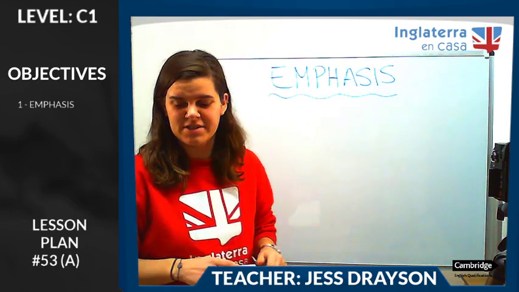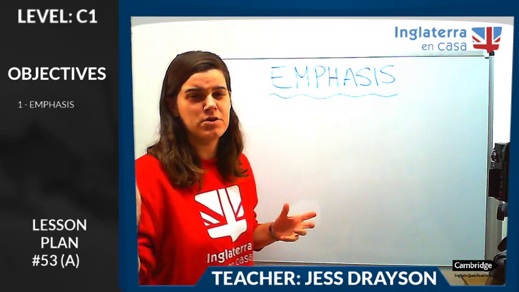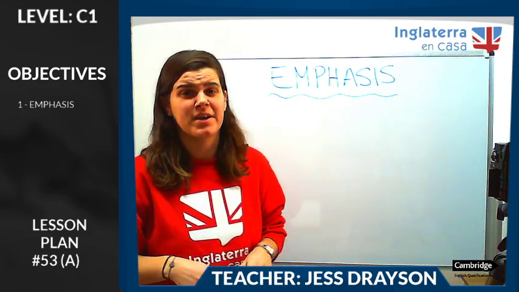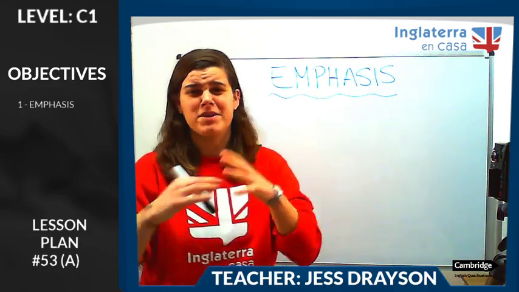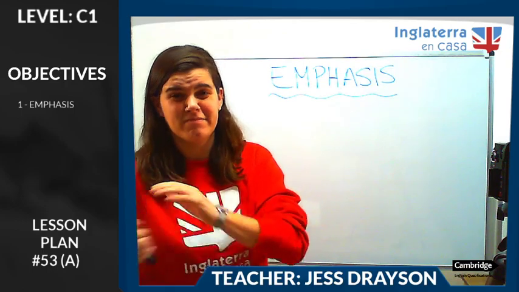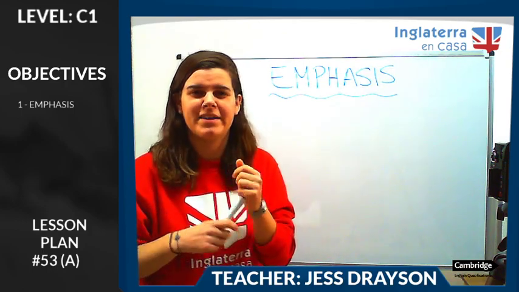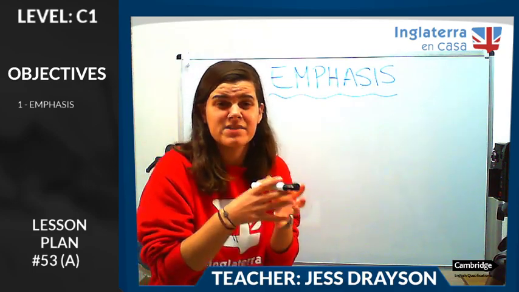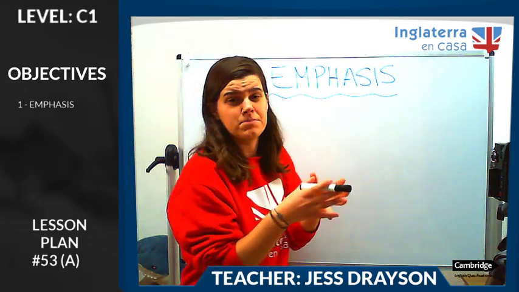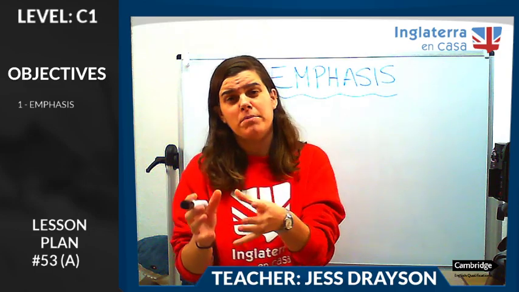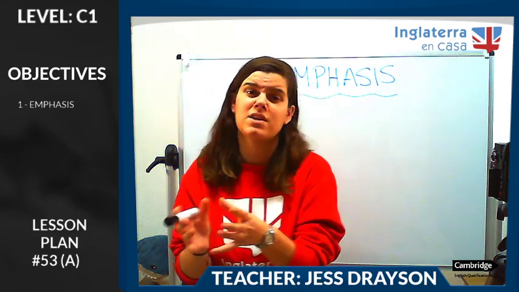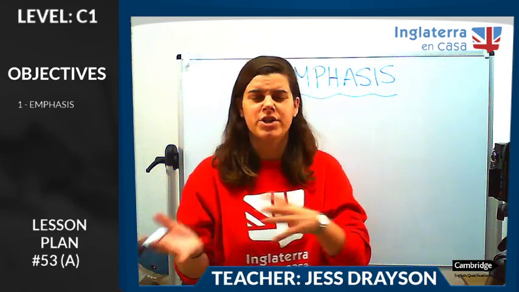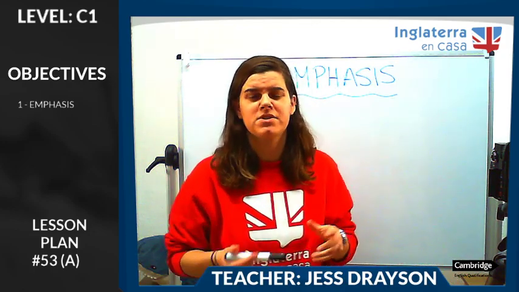Let's get started. So, one of our ways of using emphasis. This one you should know already. I'm going to begin with the easy one and then slowly, progressively get a bit more difficult. When you want to emphasize the object over the subject, so the thing is more important than who is doing it. The thing, the action, is more important than the person. The object is more important than the person.